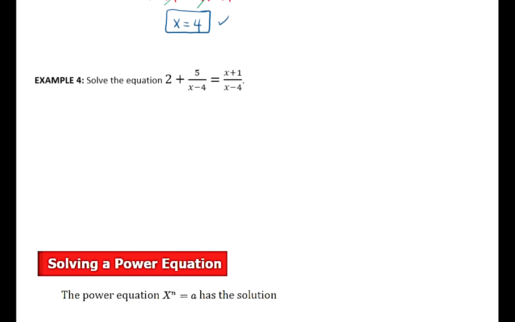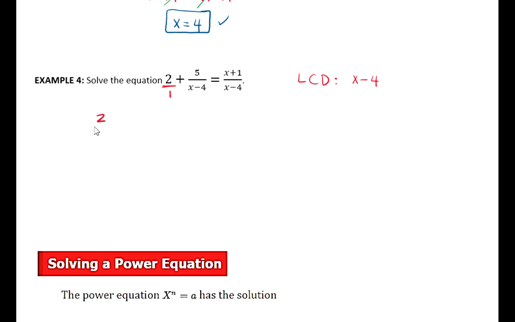Of course, you have two fractions in here, but you may simply write this as a fraction, 2/1, and the LCD will be easy here because 1 really does not count. Every quantity simply includes 1 as a factor. But I have x minus 4, so that should be x minus 4. If you multiply everything by x minus 4, you will get rid of the fractions.